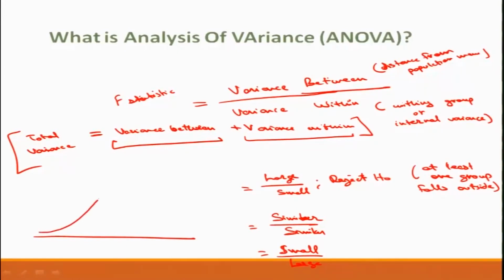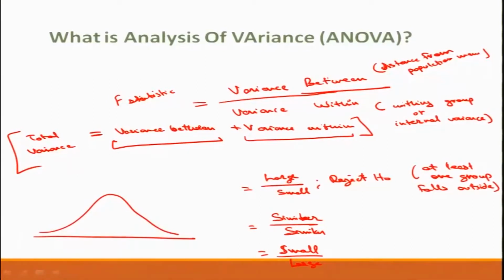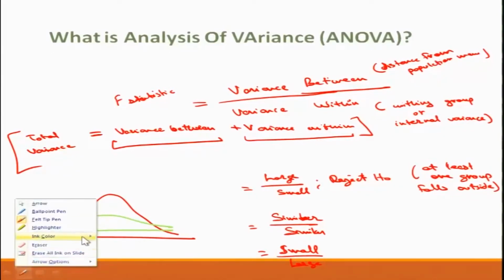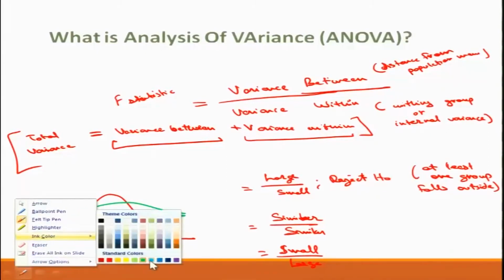This is my population mean if I say, and I have three groups here. This is, let me say, group 1, group 2 and group 3.